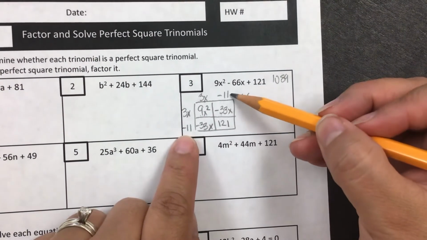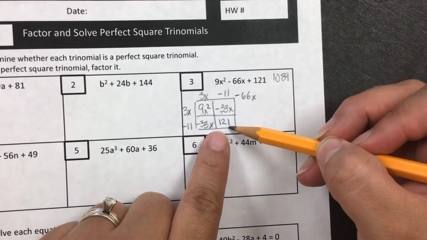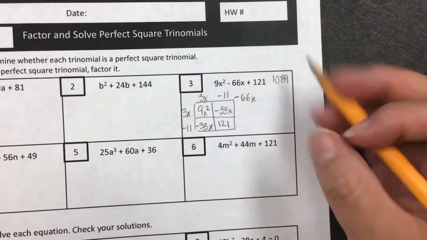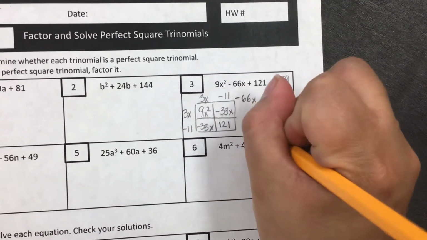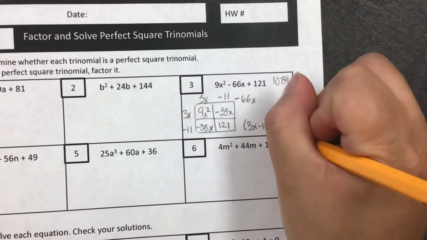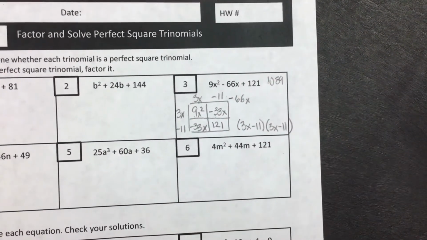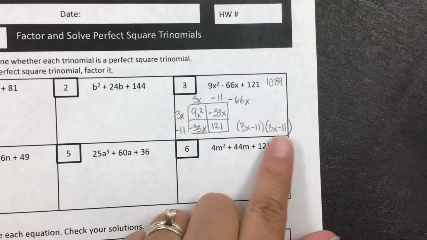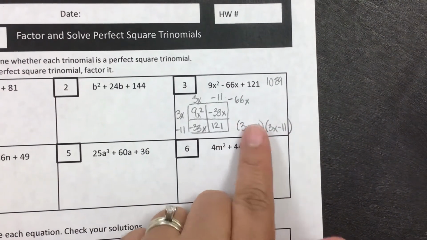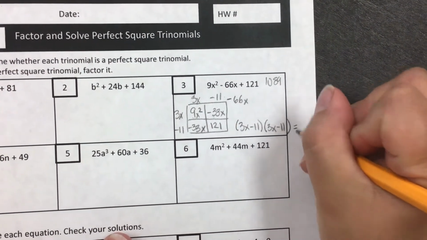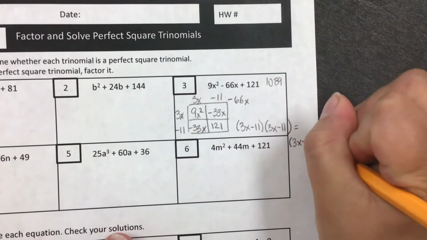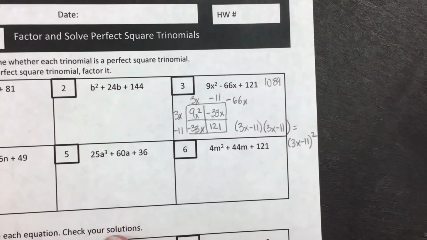A negative 11 times a negative 11 is a positive 121, making our answer 3x minus 11 times 3x minus 11. On your test, though, what I want you to notice is that these two things are the exact same thing. That means it can be written as 3x minus 11 squared.